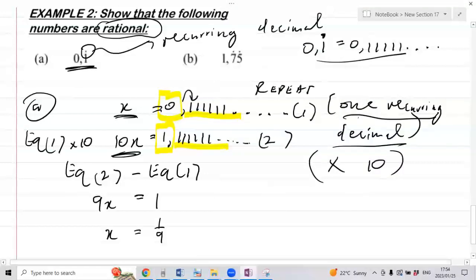Okay, so let's look at the next example. We want to show that 1.75 recurring is also a rational number. We're going to try to convert it to a rational number using the same process.